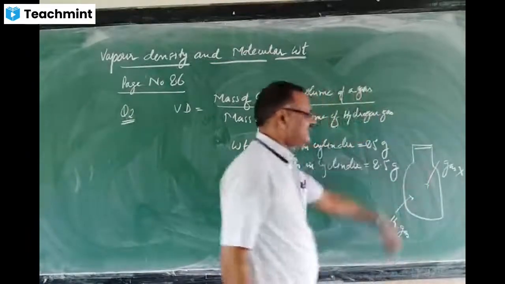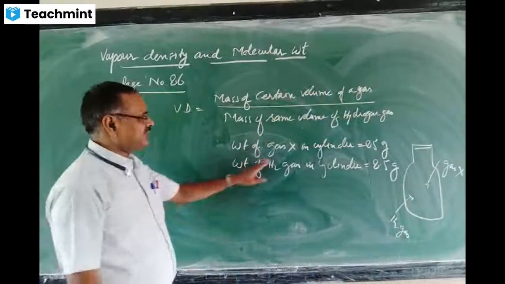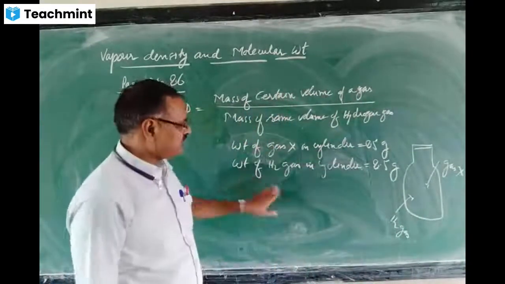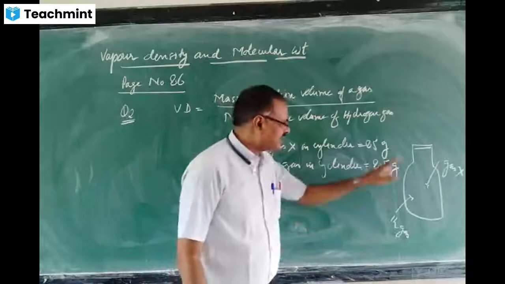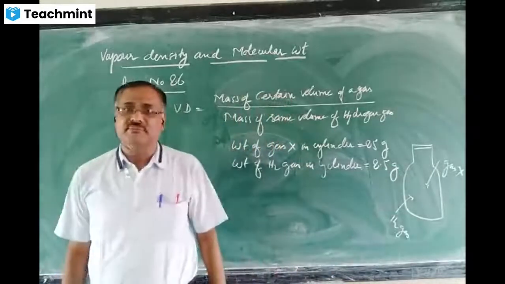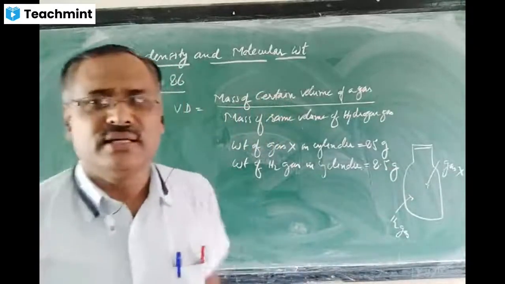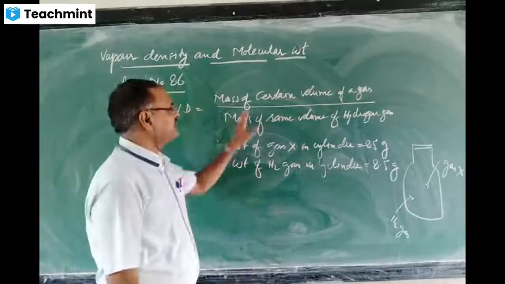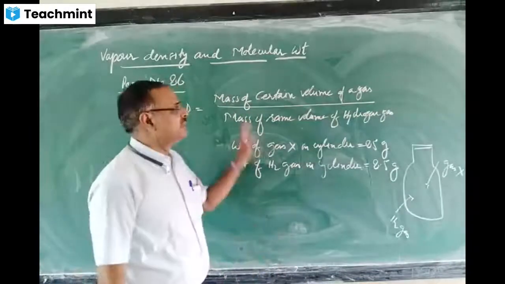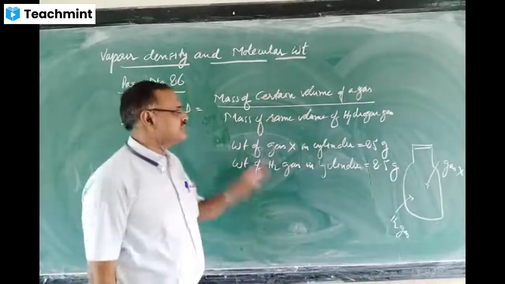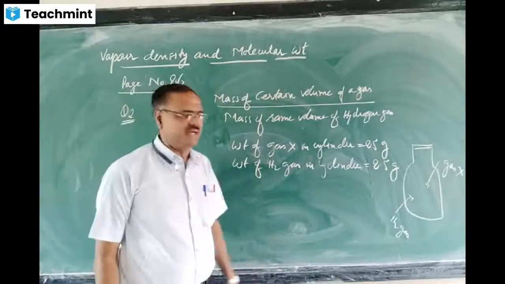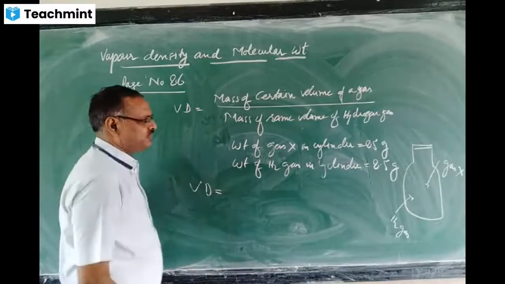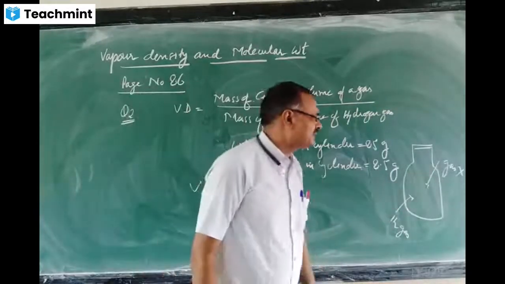So when gas X is filled, the weight you get is 85 gram, and when hydrogen is filled, you get the weight 8.5 gram. So the certain volume is the volume of the cylinder only.